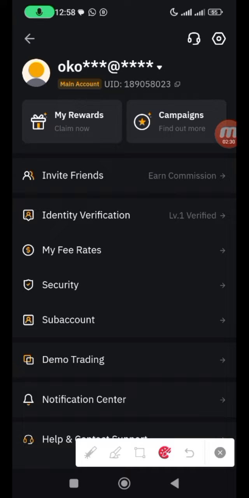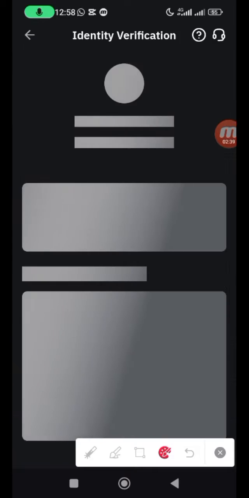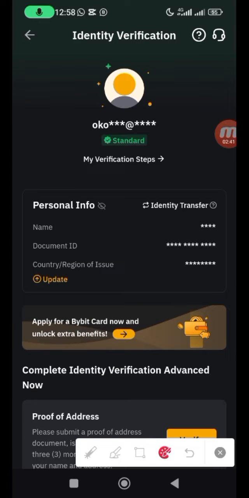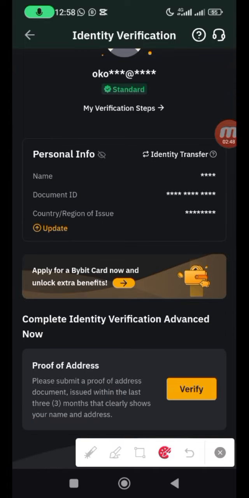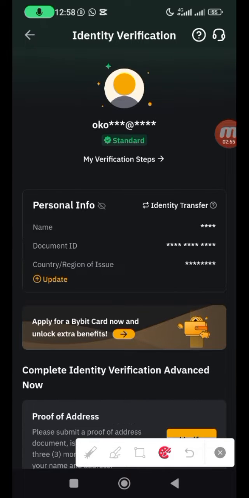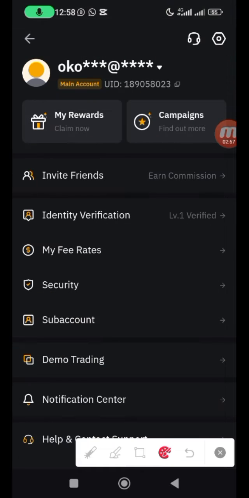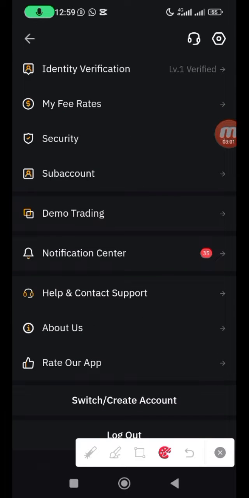Okay, it's actually opened. So here you put in your personal information: your name, your document ID, your country. Then if you want to go over to level 2, this is where you add your proof of address. I just did level 1, so I am good to go. You go back.